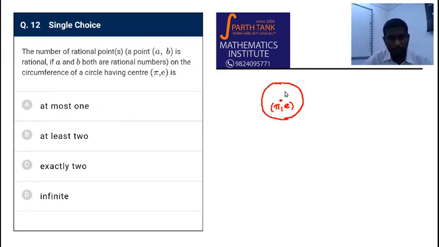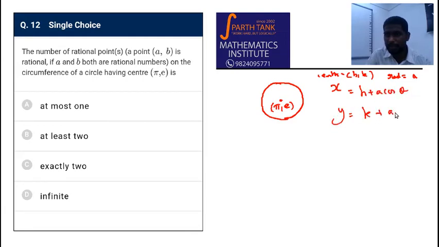Now, I will tell you two ways of doing this. One is based on the parametric form. If you know the parametric form of a circle with center (h, k) and radius a, x is h + a cos theta and y is k + a sin theta, correct? Usually it is a cos theta, a sin theta for a circle whose center is at origin.